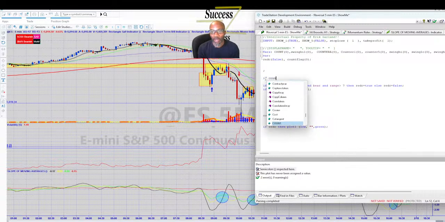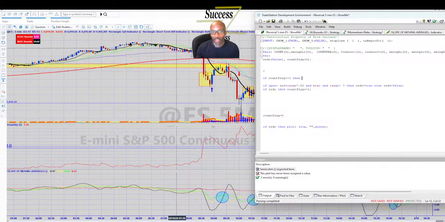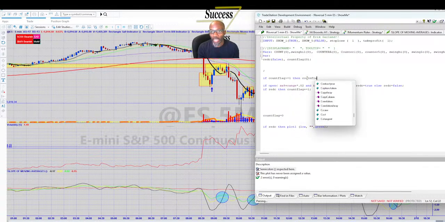When it starts off, it's going to be 0, so we don't want to start counting the flags if we haven't yet found a candle. So we have to wait till we have an actual red candle before we start counting. And once we start counting, we want to count every bar. So if count flag is greater than or equal to 1, then count flag plus equal to 1 on every bar.